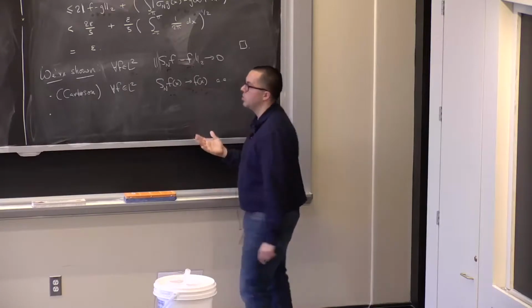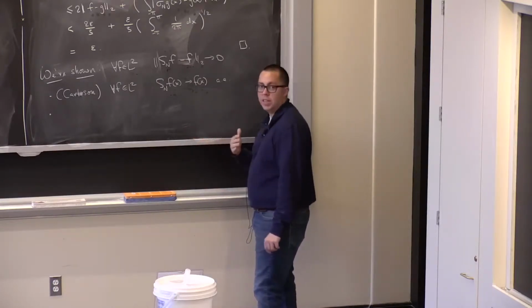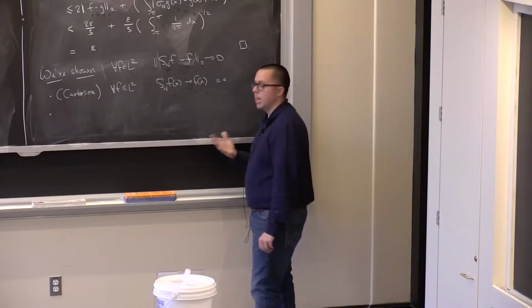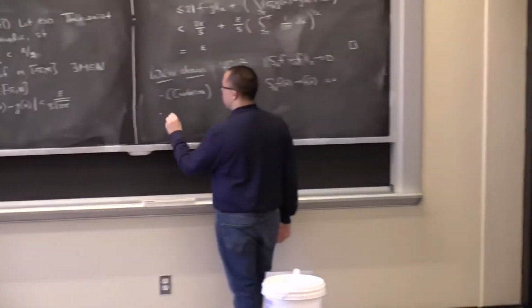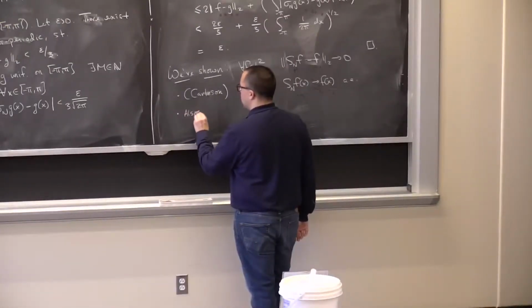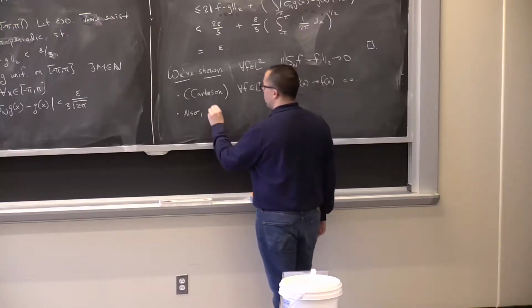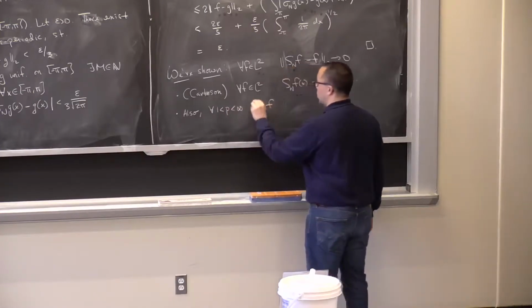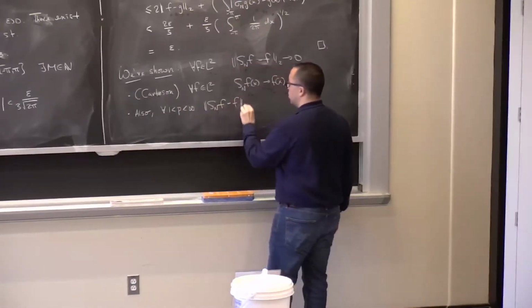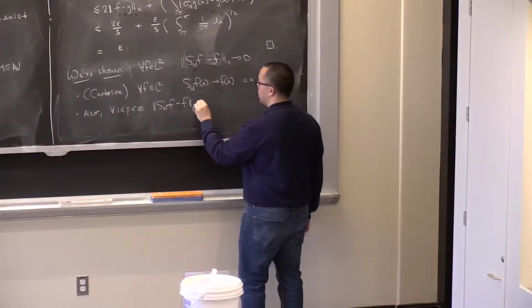The Fourier coefficients and partial sums all make sense for any Lp space. What is known, and now the name is escaping me, but I'll just state it, is that for all p between 1 and infinity, the partial sums converge to the function in Lp.